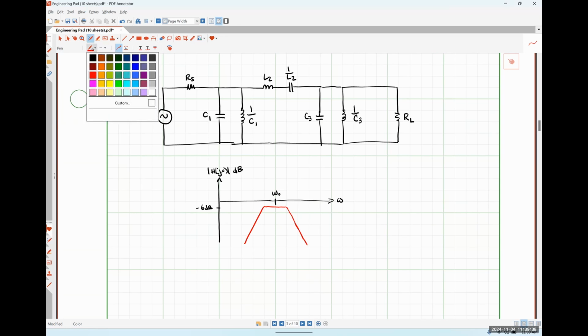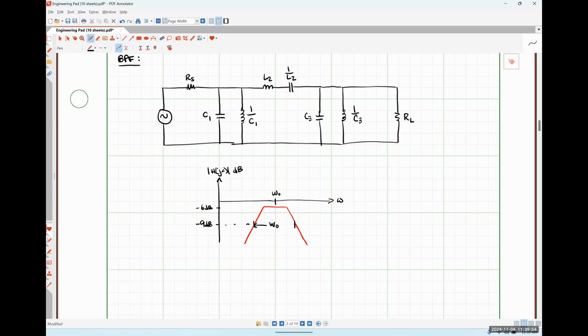So if this guy right here corresponded to -9 decibels, then the width of our passband is also the same thing as our resonant frequency. Does that better clarify things?